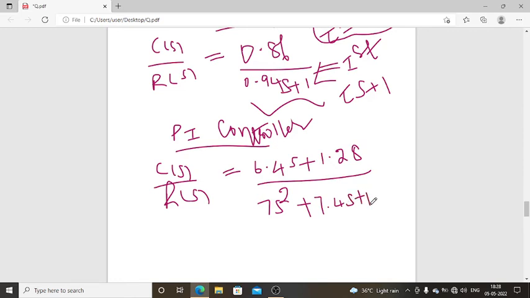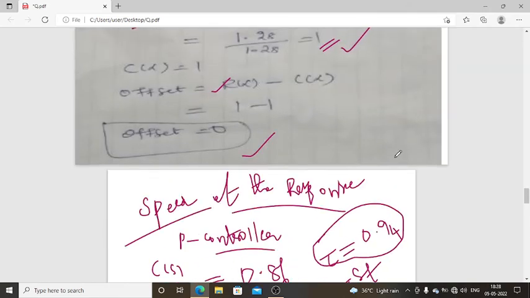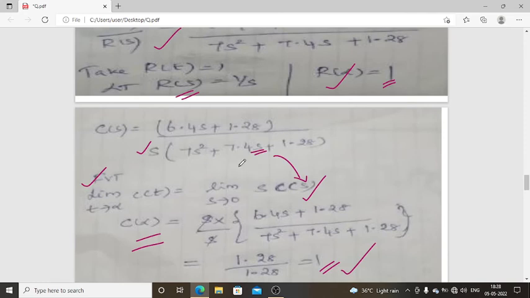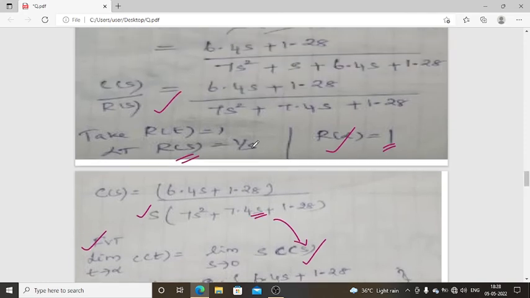This expression is taken from the previous slide. Go back. Yeah, this is the expression, C of s by R of s.